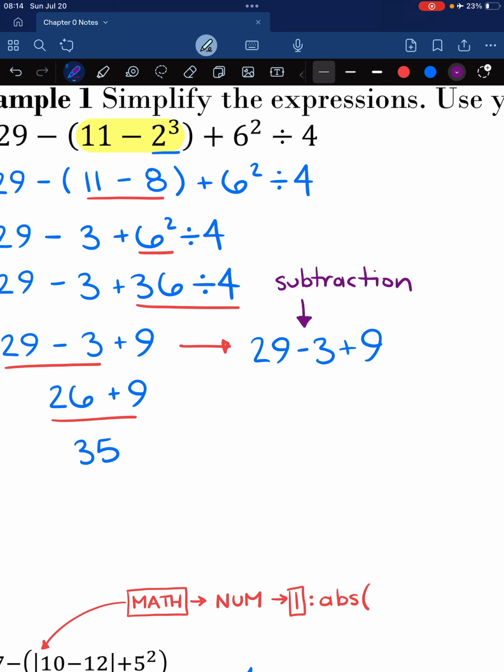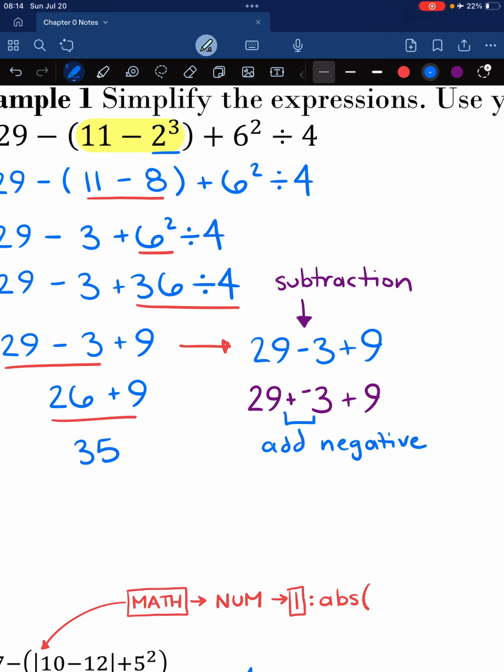But we can also think of it as a negative that belongs to the 3, because I'm taking those $3 away. So we can think of this as 29 plus negative 3 plus 9. And we can turn that subtraction into adding a negative. So now it's adding a negative.